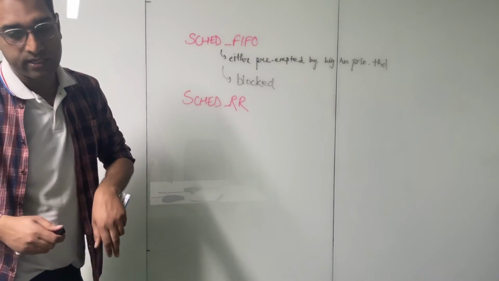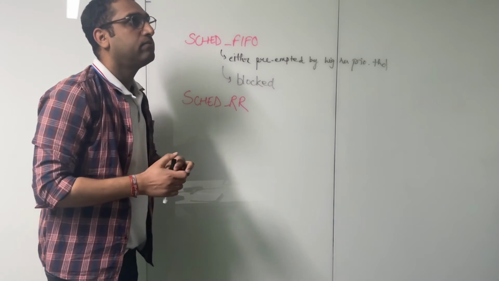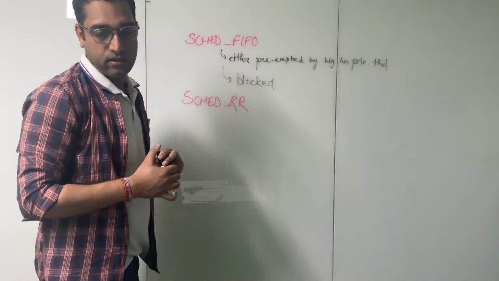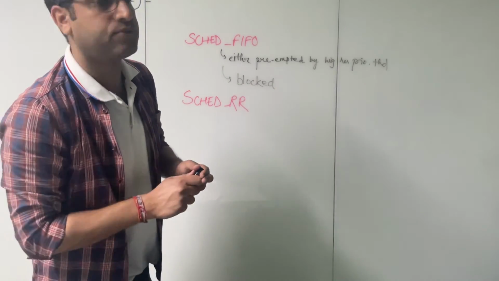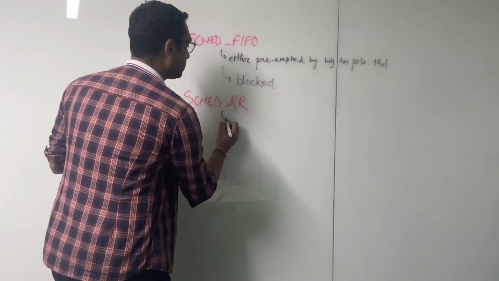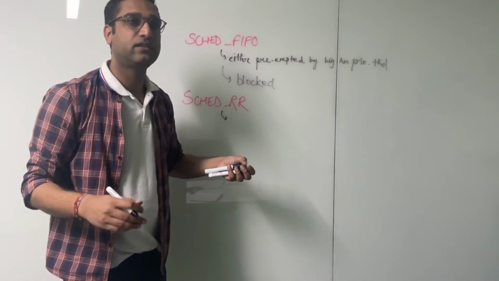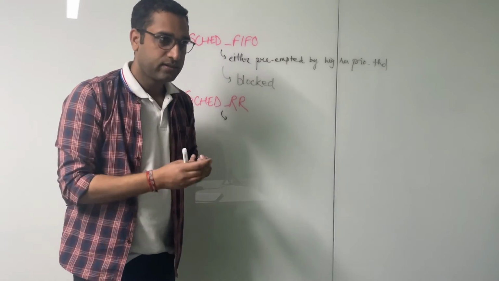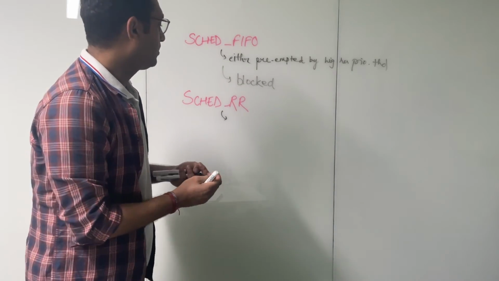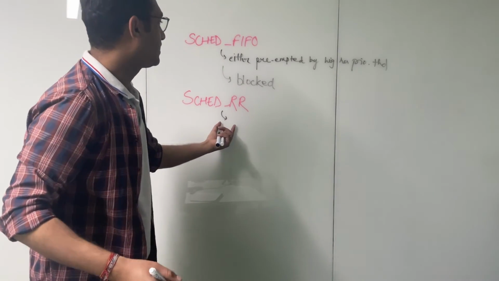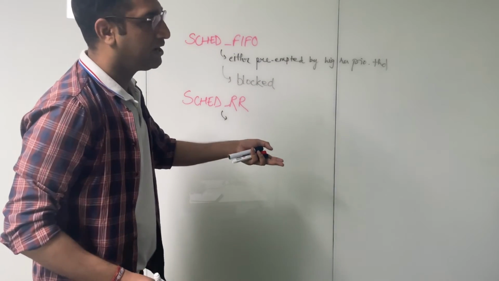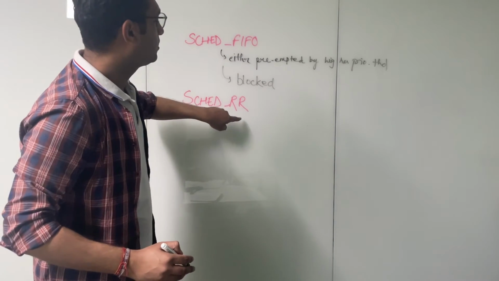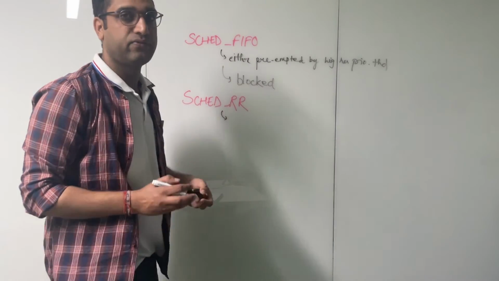An additional condition is that its specified time quantum has elapsed. Round robin means that the threads keep on sharing the CPU based on time slices. Once the time slice is expired, another thread will get to execute. So only that changes in RR compared to FIFO.